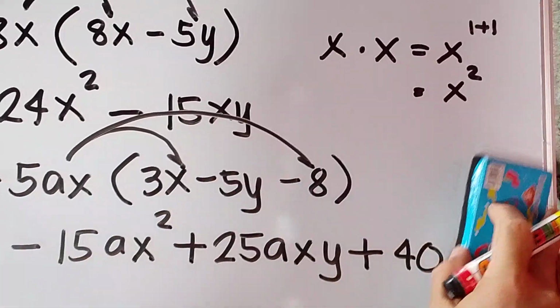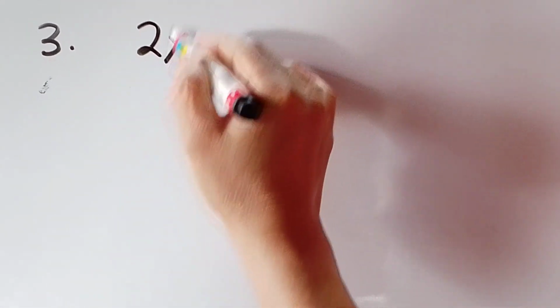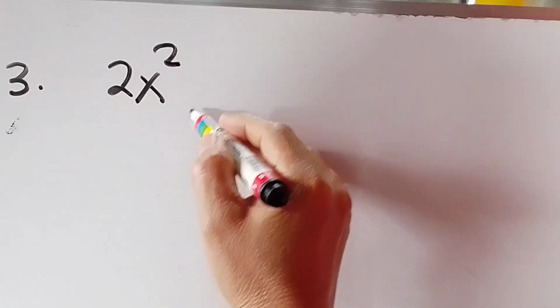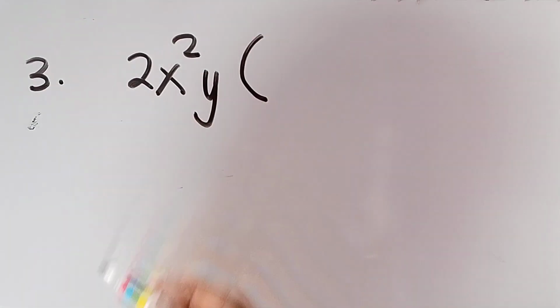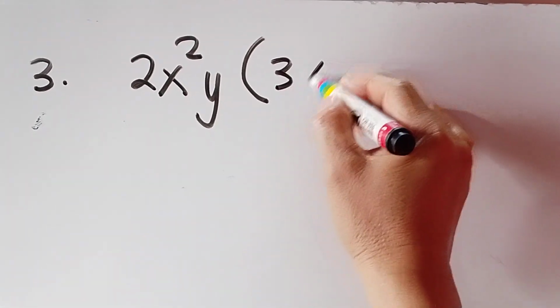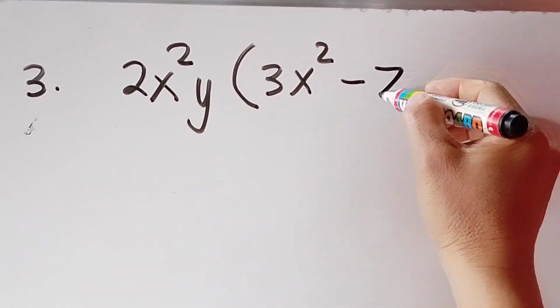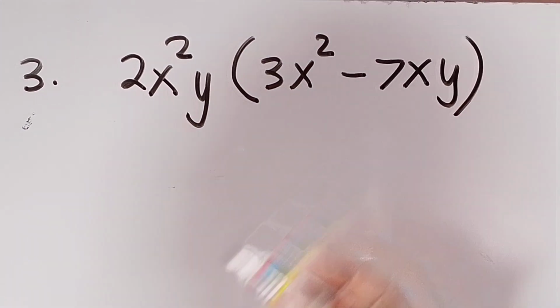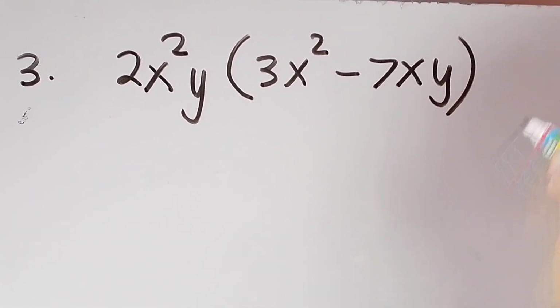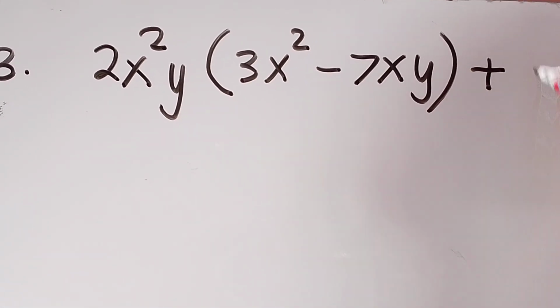Now let's proceed to number 3. If I have 2x squared y times 3x squared minus 7xy, and then this will be plus 3.